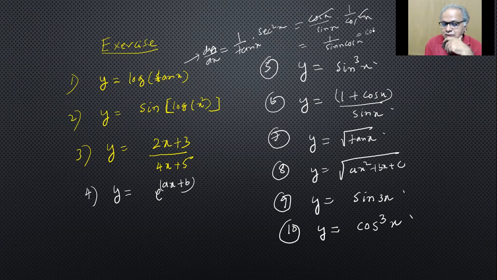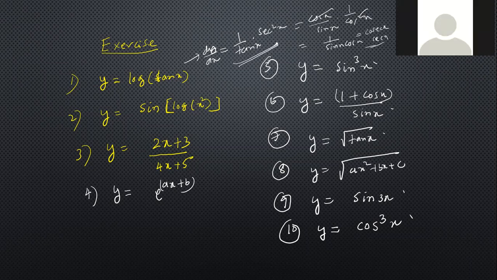Cosecant x, secant x, something like that. That's not very important. This step is important, right? Because anyway, trigonometry you will do so much later. Sir, is the second one 2 cos of log x square by x?